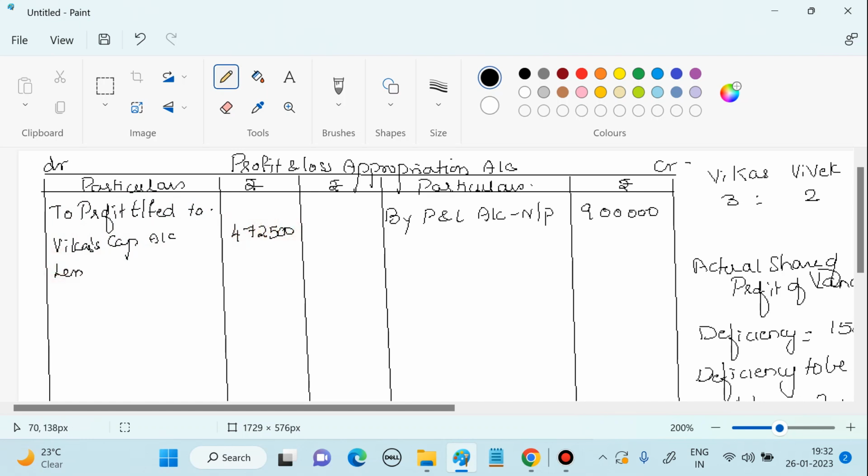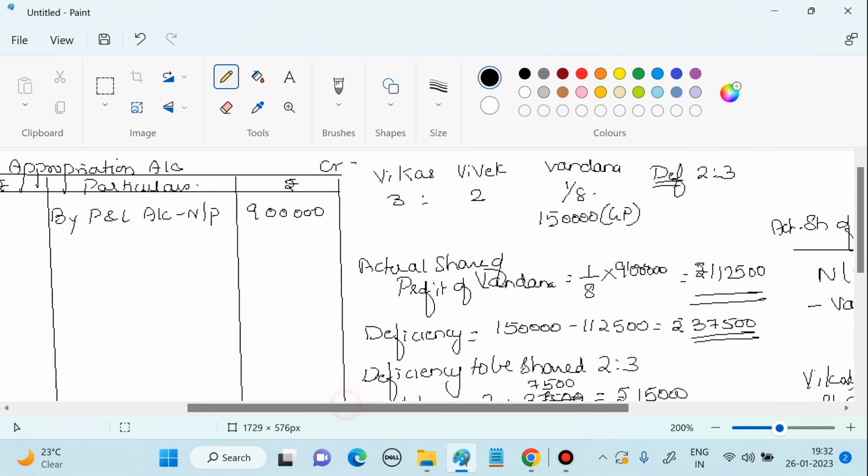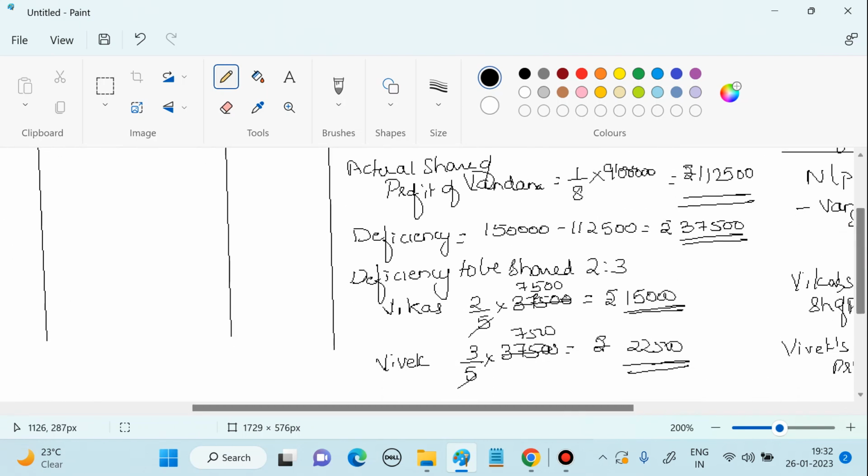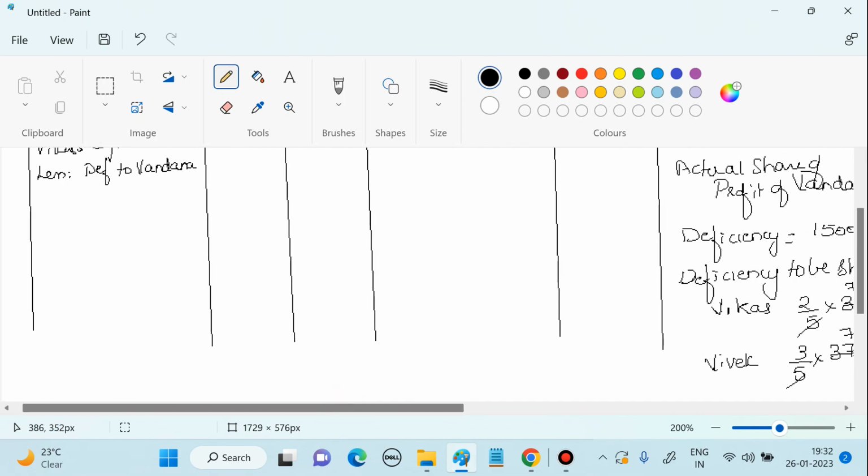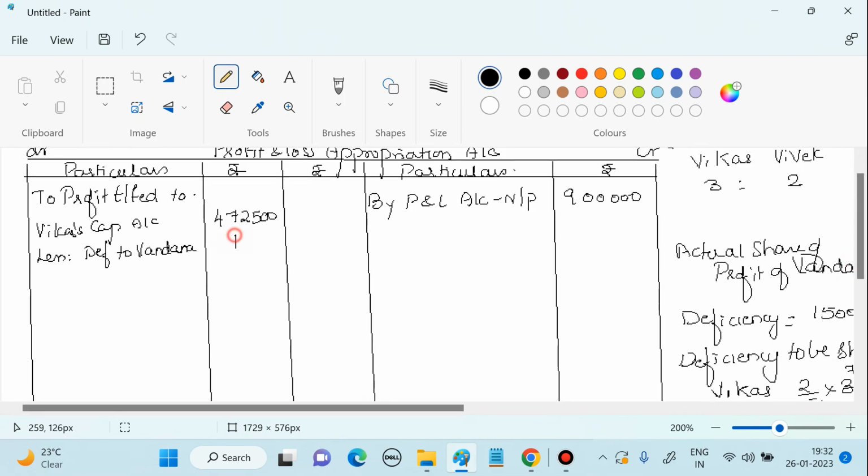From that he is going to give deficiency to Vandana. Deficiency given to Vandana was how much? 15,000. So we subtract 15,000 from this. So he will get 4,57,000.